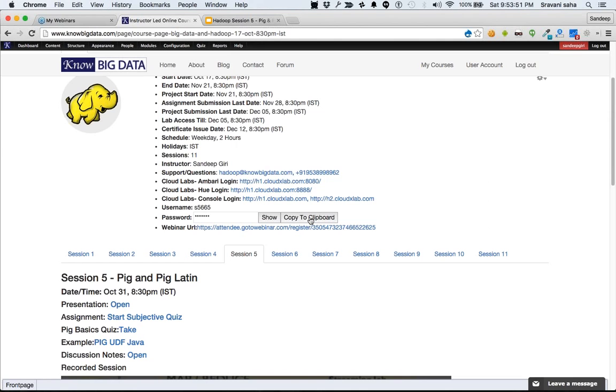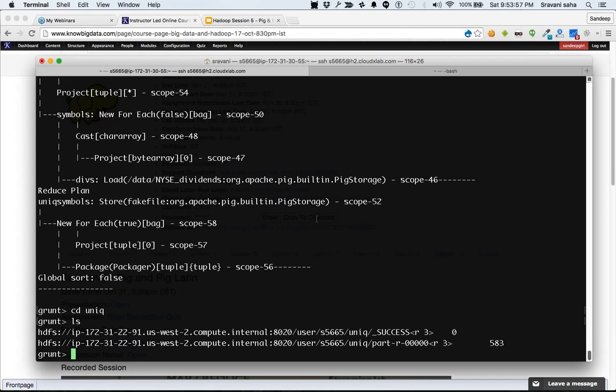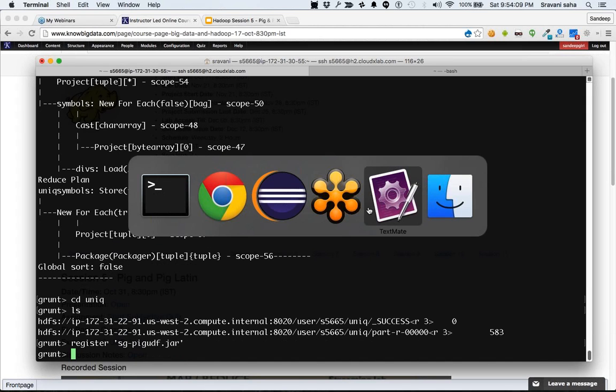All right, let me take the password and put it here. Now we can say register sg.pigudf.jar. It is successfully able to register.